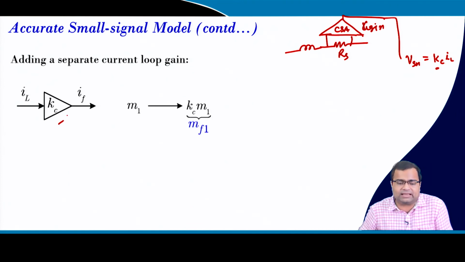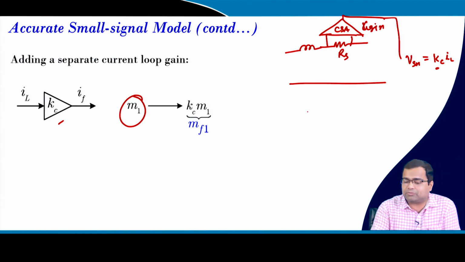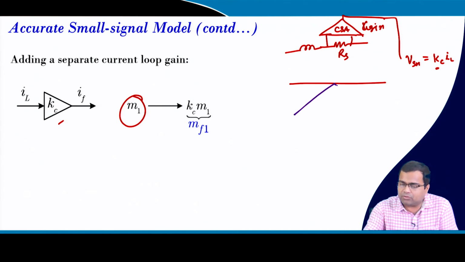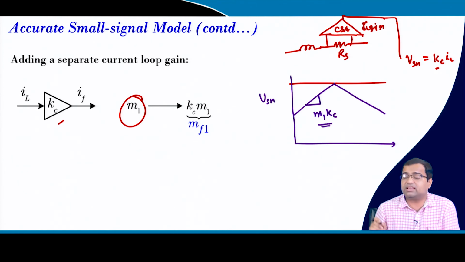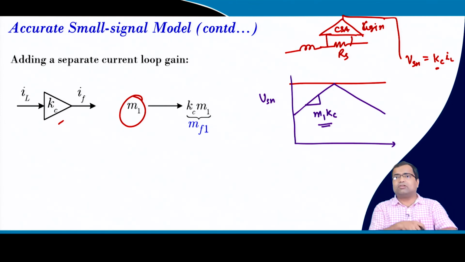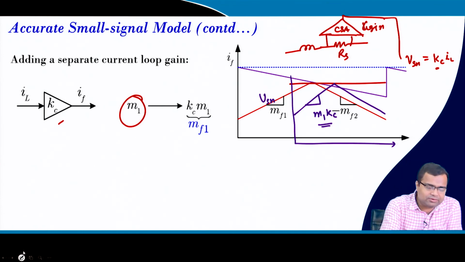If we incorporate it, then our M1 slope, because I am talking about the actual current which is compared, is now the sense voltage which is equivalent to current, and this slope will be M1 into Kc, because it includes the current sense amplifier and everything. That means it is not exactly the inductor current, it is a scaled version of the inductor current.